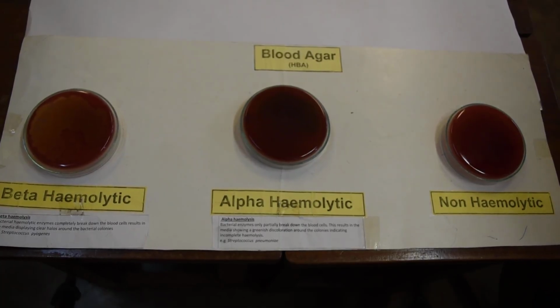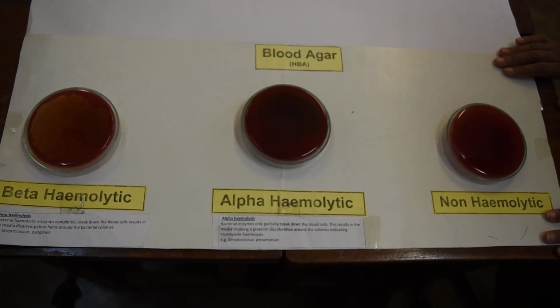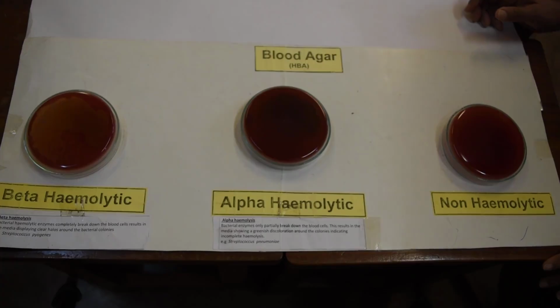On blood agar, you can see in this picture the blood agar. You have seen in the previous slide how the blood agar plate looks. Now when you grow streptococcus on blood agar, different streptococci can cause hemolysis because they can produce different hemolysins.